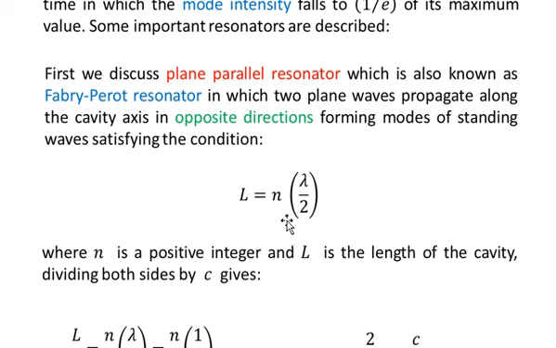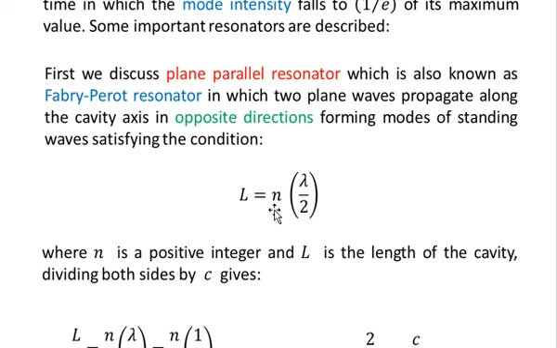Here we are saying that only one wavelength lambda is satisfying the condition for some value of n where n is a positive integer. But if you choose a different lambda, then of course the number n will also be modified. So different modes can fit, that is, different values of lambda and different values of n can satisfy this condition.